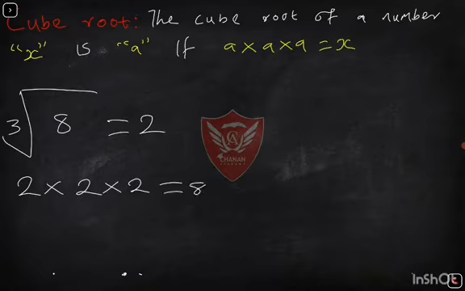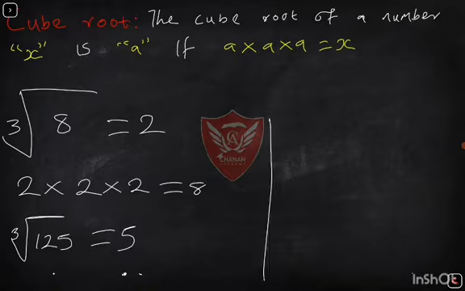And then if we take the cube root of 125, the result will be 5. And that is because 5 multiplied by 5 multiplied by 5 is equal to 125. So that is cube root.